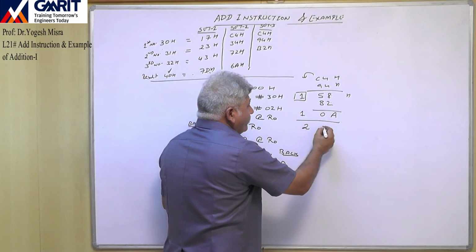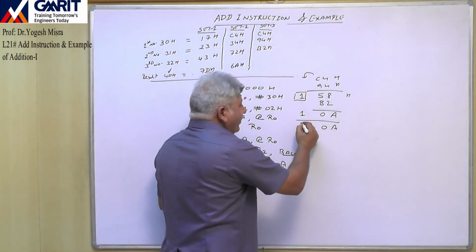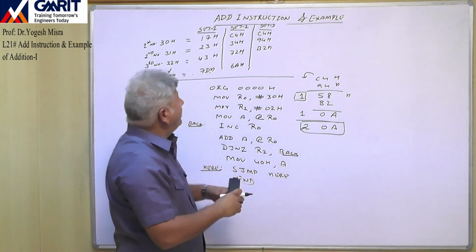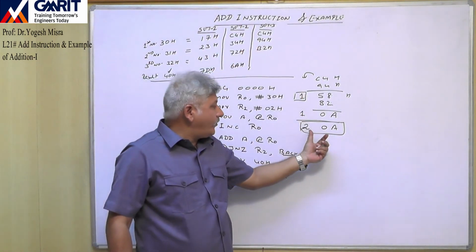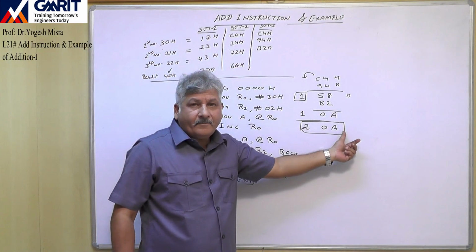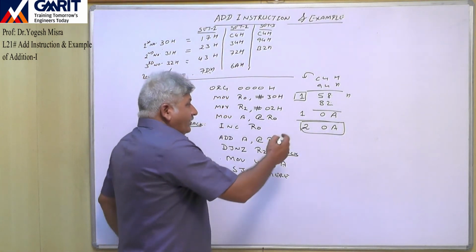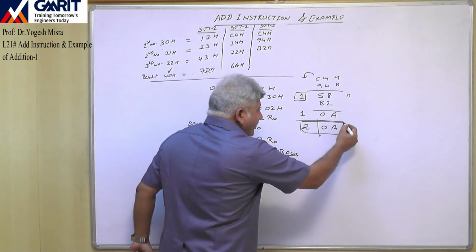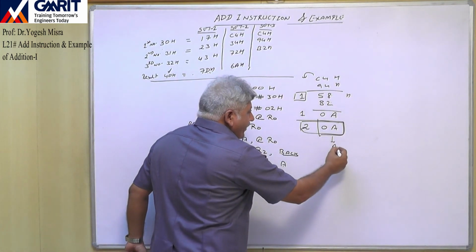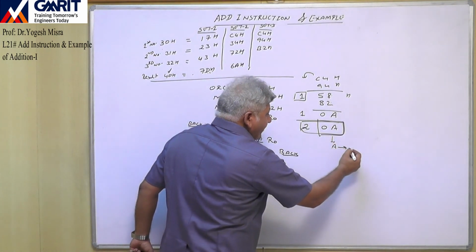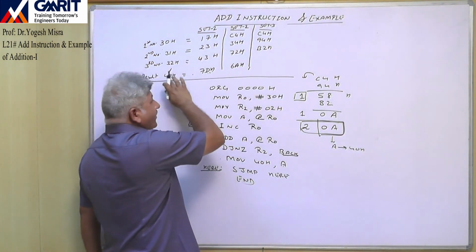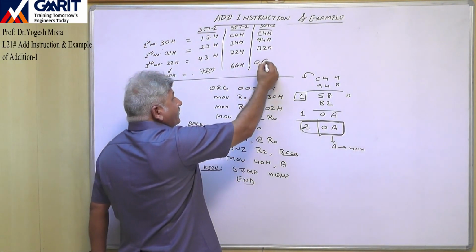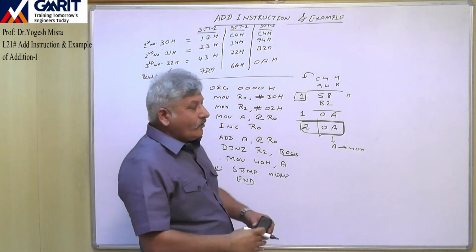So the answer should be 20A. After adding these three numbers, our real answer should be 20A. But this result is stored in the A register, and this value we have stored at the 40H memory location. That's why at the 40H location you will find 0AH. We will not get this 2.